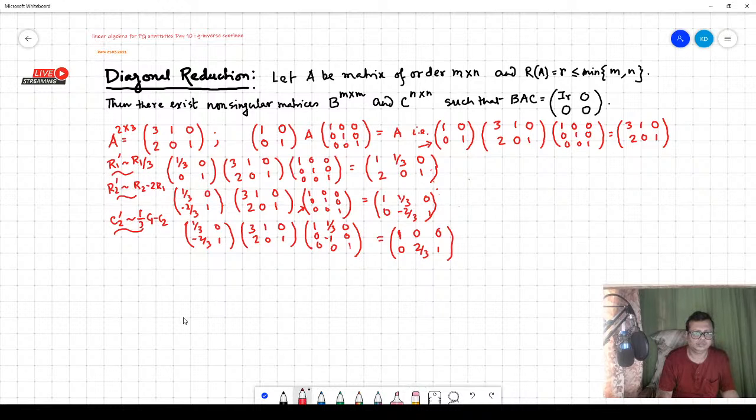Next C3 dash, actually I make this one or replace this one by 0, so we need this operation C3 dash curl C2 minus 2 by 3 C3.